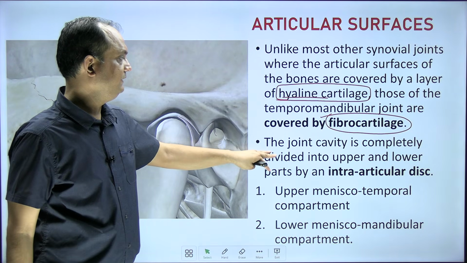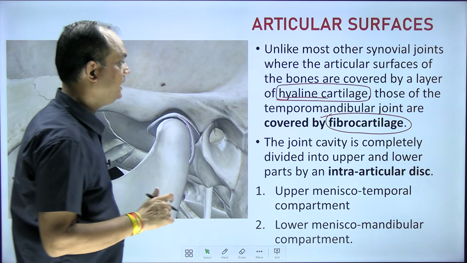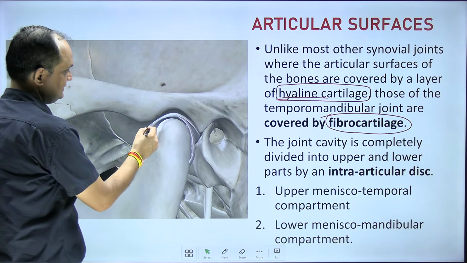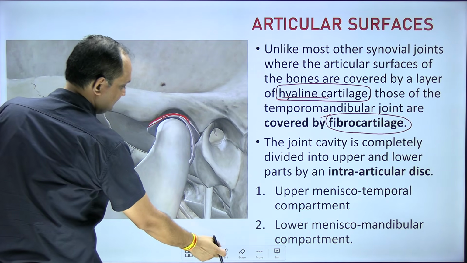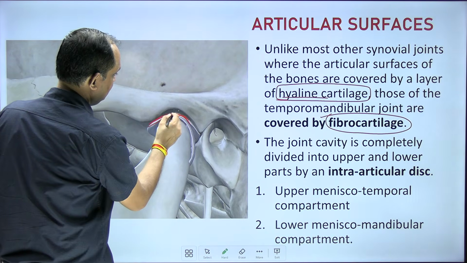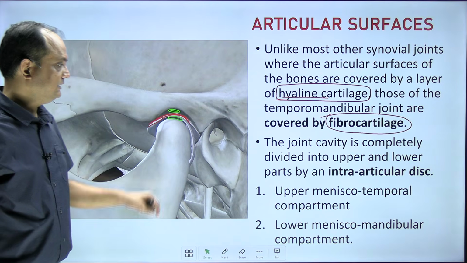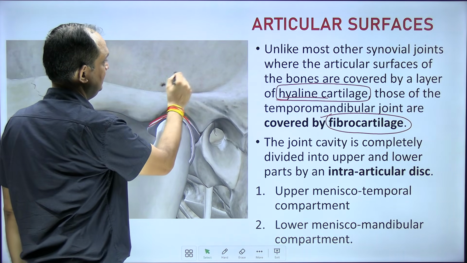Now the joint cavity is completely divided into upper and lower halves by an intra-articular disc. Here in this joint cavity you can see that this is the disc, and there is a gap present above the disc. Now this is the gap, and you can see the gap present below the disc. This upper compartment is known as the meniscotemporal compartment.